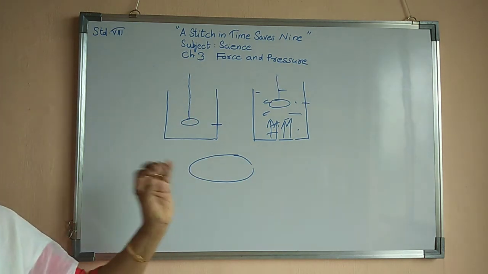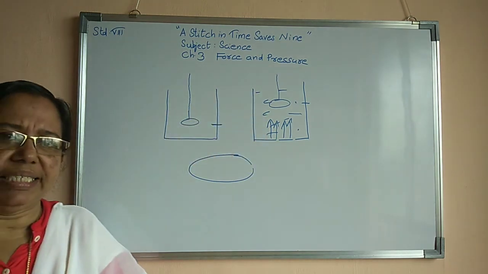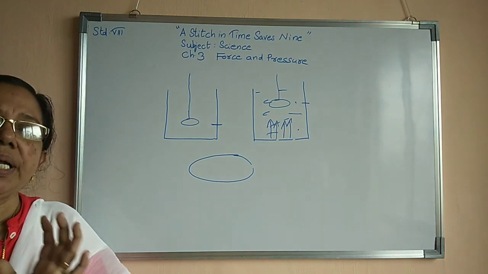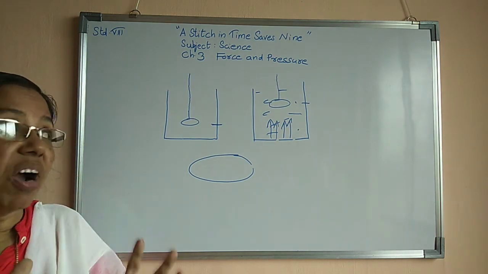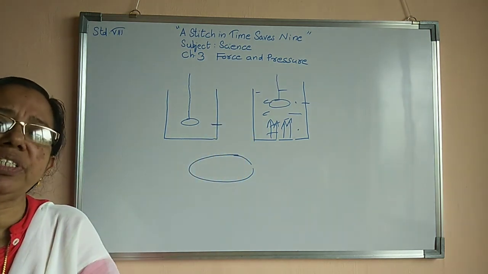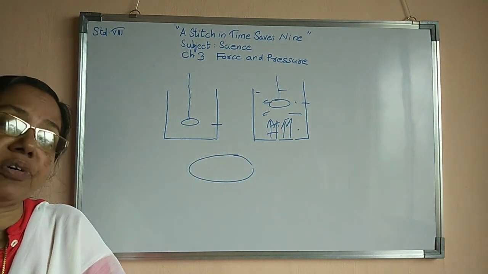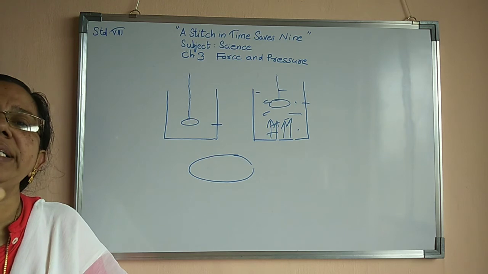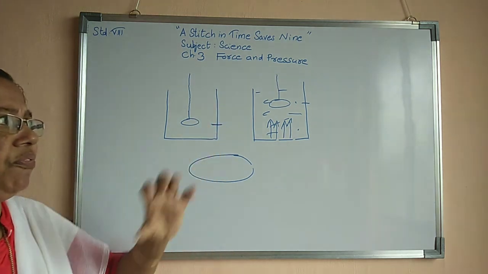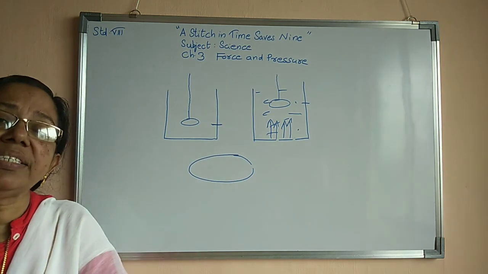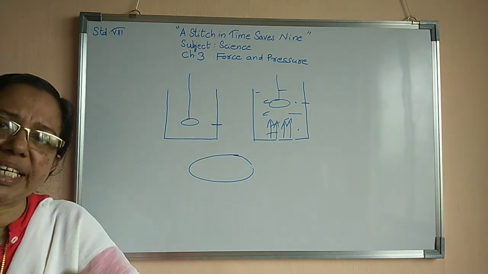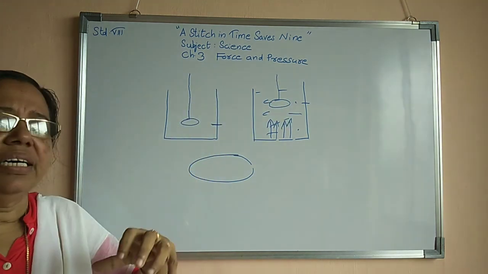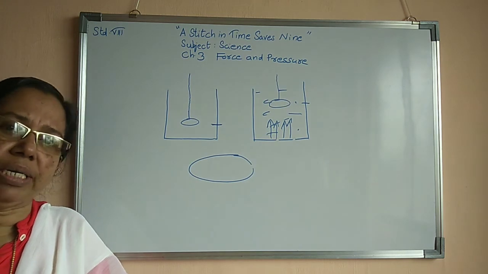Now, when any object is put inside the water, the water exerts an upward force on it. So how much force is exerted by the buoyant force or by the water? We'll see now. If we dip an object partially or fully inside the water, how much water is displaced by the body?